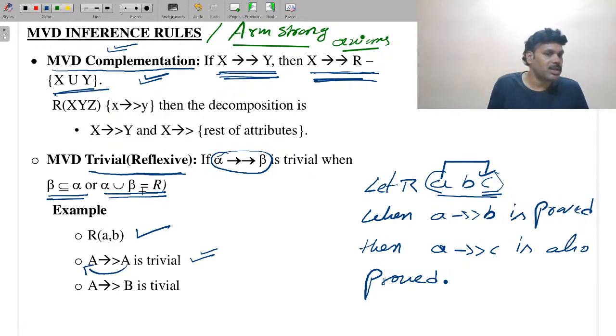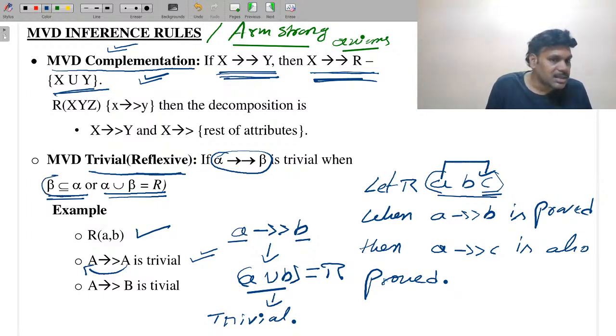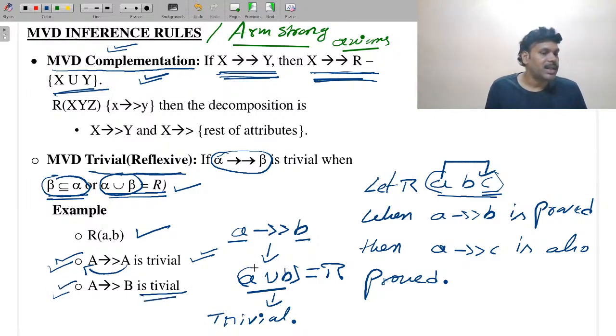Or one more condition: alpha union beta is equal to R. For example, I say A implies B when A union B, if I combine, gives R, then it is proved with the help of the triviality nature. So there are two conditions for triviality. Either beta is a subset of or equivalent to alpha, or if LHS and RHS together equal R, it is also proved by the rules of triviality.